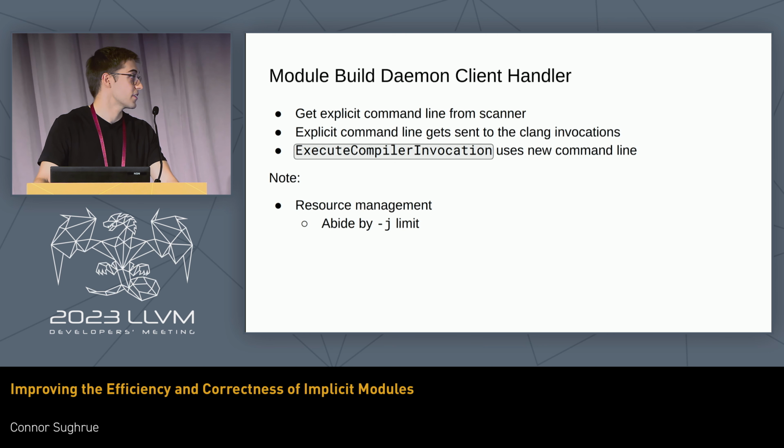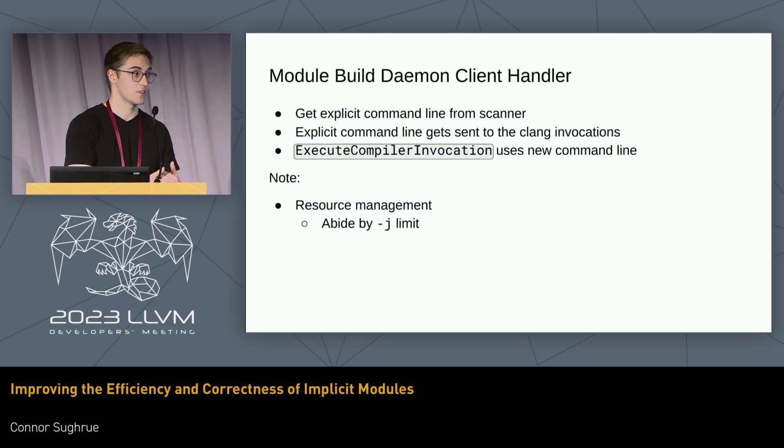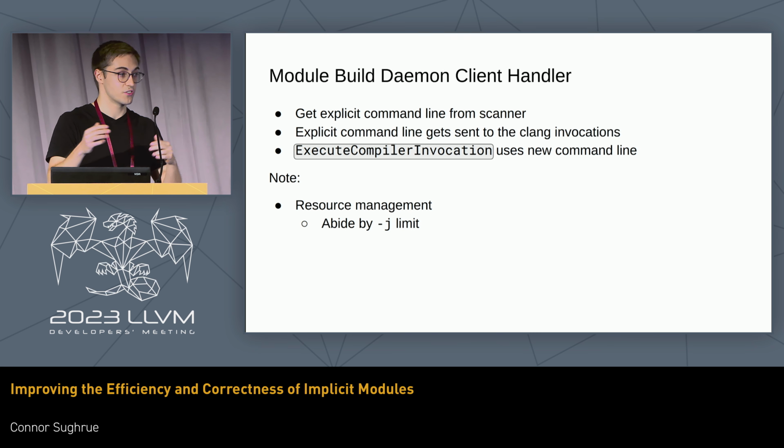From there, that explicit command line gets sent back to the Clang invocation, and the execute compiler invocation that I mentioned at the beginning gets executed with this new command line. I also want to note that essentially what we're doing is adopting the Clang invocation's thread for the module build daemon. We're still able to abide by any -j limit set by the user or the system.